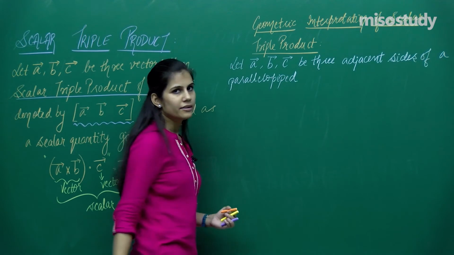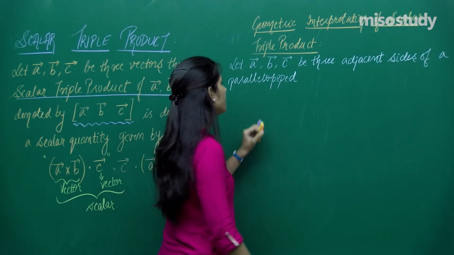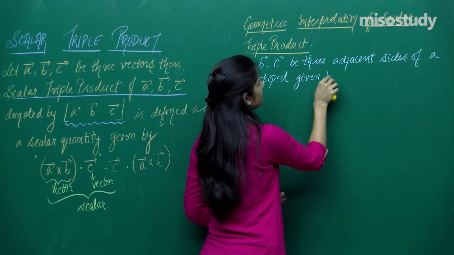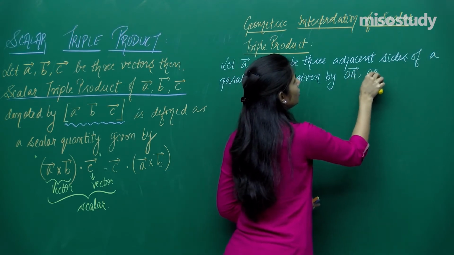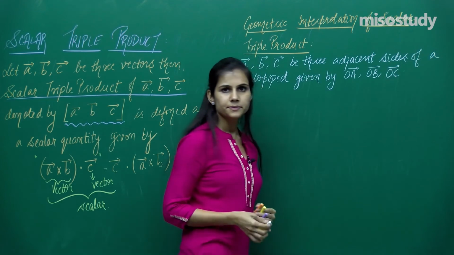Now what is a parallelopiped? I'll just show you. Let A, B, C be 3 adjacent sides of a parallelopiped given by OA vector, OB vector and OC vector.